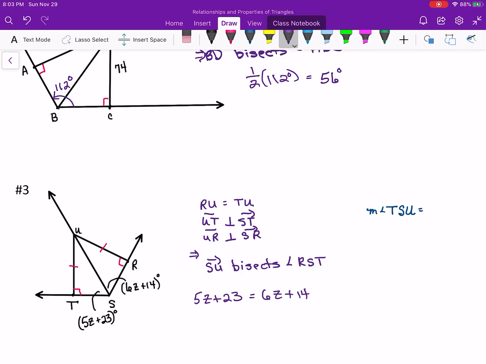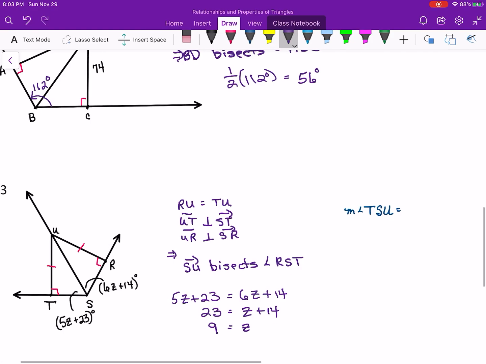If we subtract 5Z from both sides of that equation, we get 23 equals Z plus 14. Subtract 14 from both sides of the equation, we'll have Z equals 9. And TSU is 5Z, which is 9, plus 23. That's 45 plus 23, or a total of 68 degrees. Total of 68 degrees.